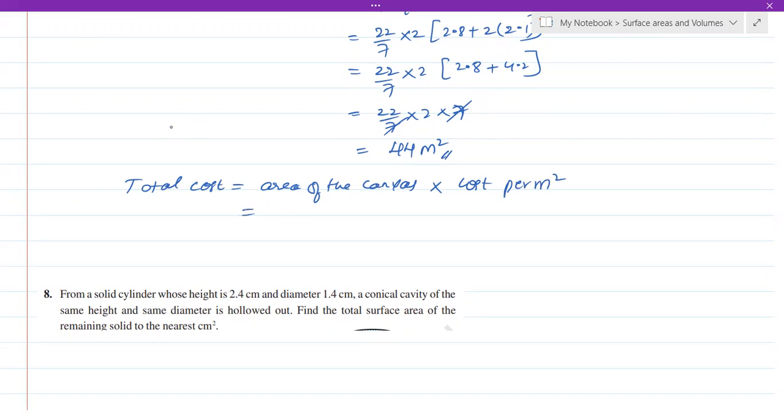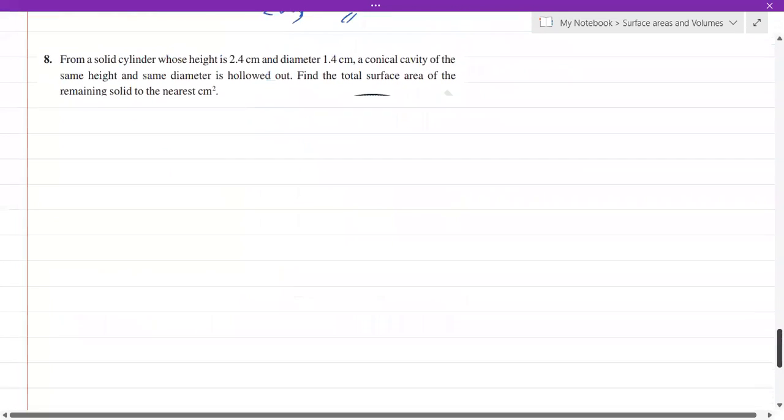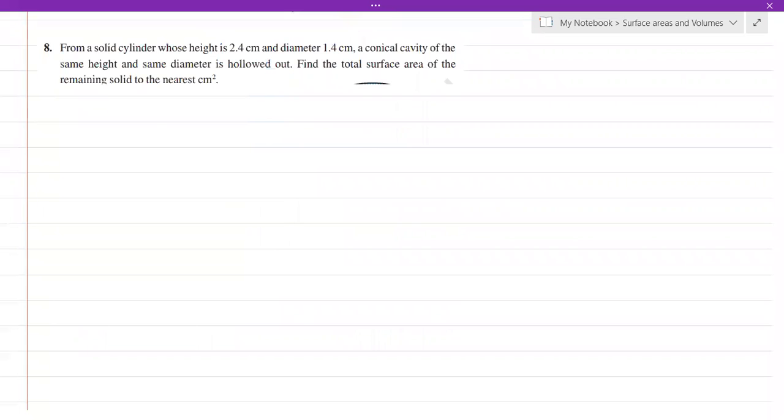Area of the canvas is 44 meter square and cost per meter square is 500, which comes out to around 22,000 rupees. That will be the answer. We have found the area and the total cost also. Let's get into the next question.